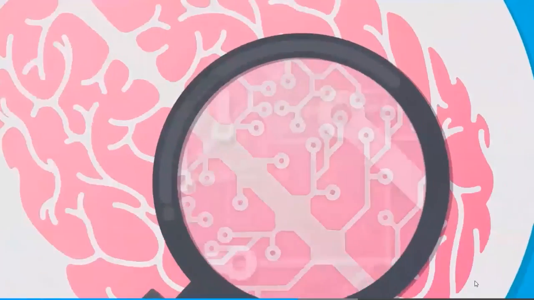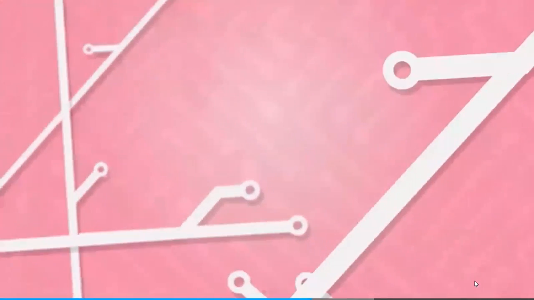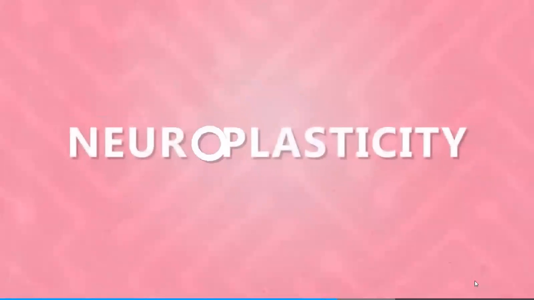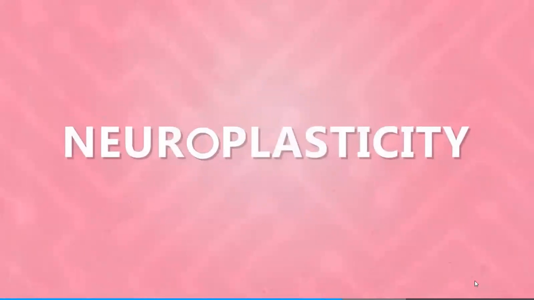As we learn, the number of connections between our neurons also grows. As we continue to exercise our brains, the connections between our neurons grow as well. These new and stronger connections help to make us smarter. Scientists call this concept neuroplasticity.